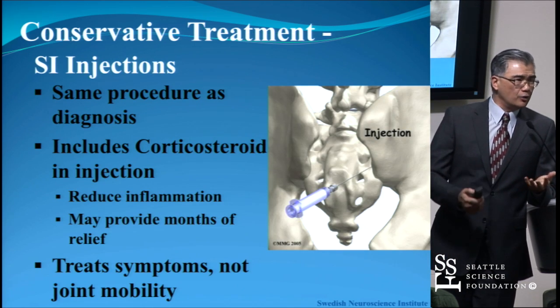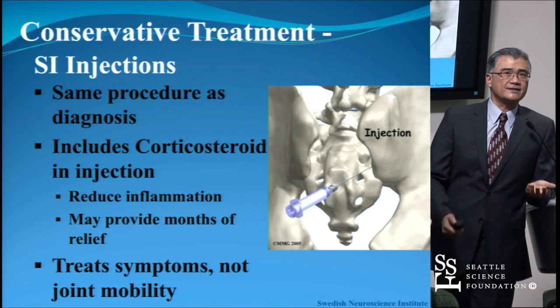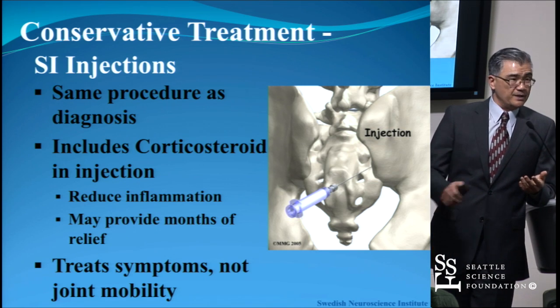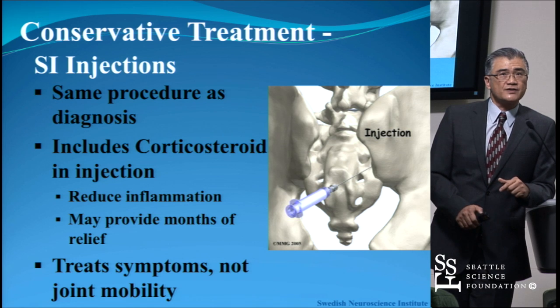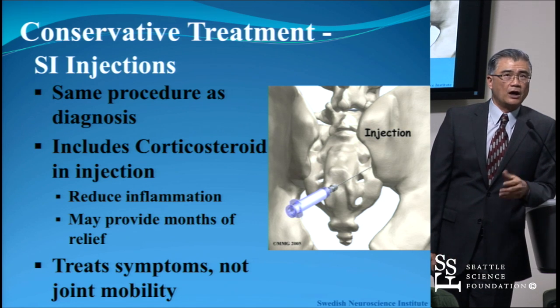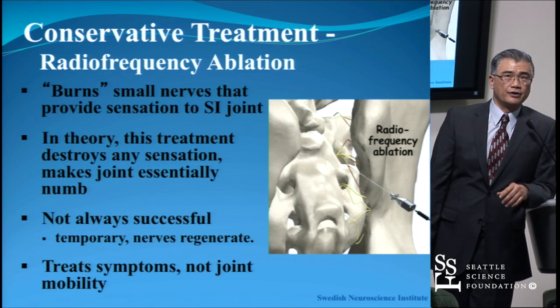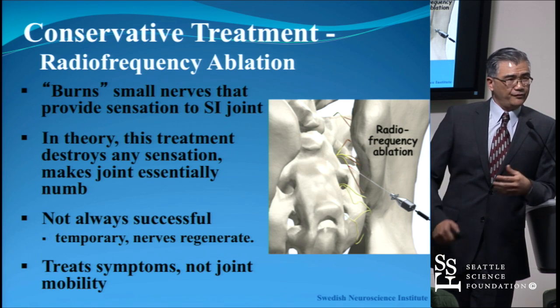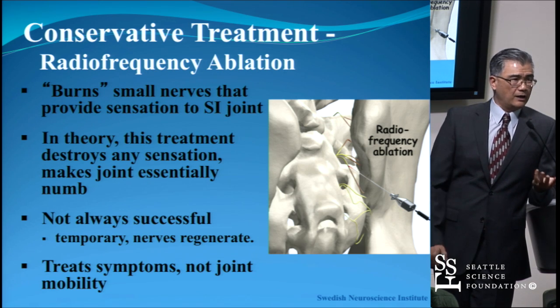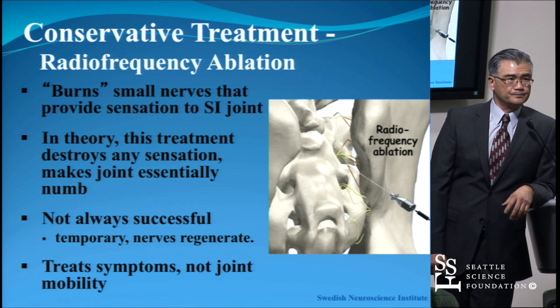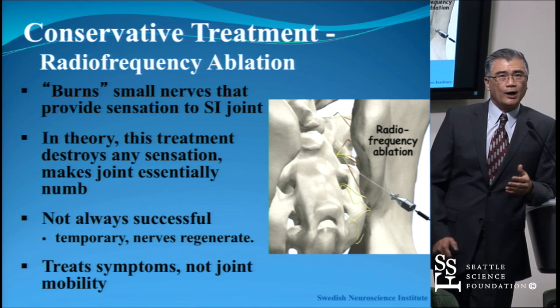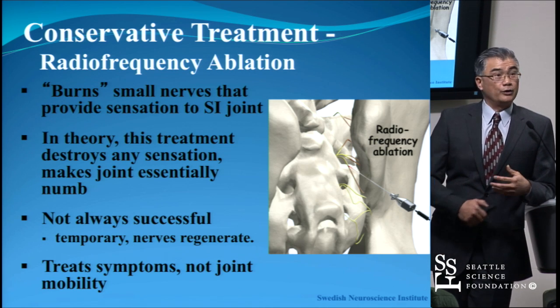So if that fails, then you think the patient can have an SI joint injection, but this time it's therapeutic instead of diagnostic, so you add some corticosteroid there. Okay, and if not helpful, then they can have a radio frequency ablation of the nerve endings. Now, in theory, that should help for a whole year.